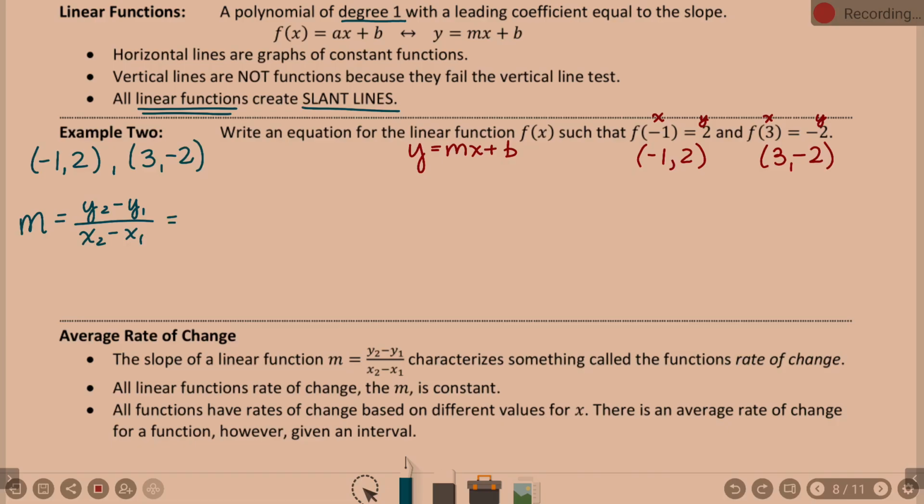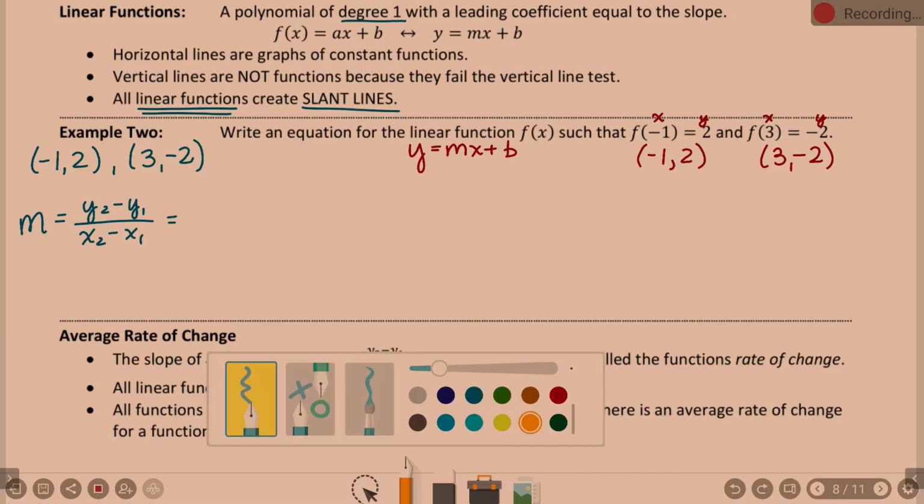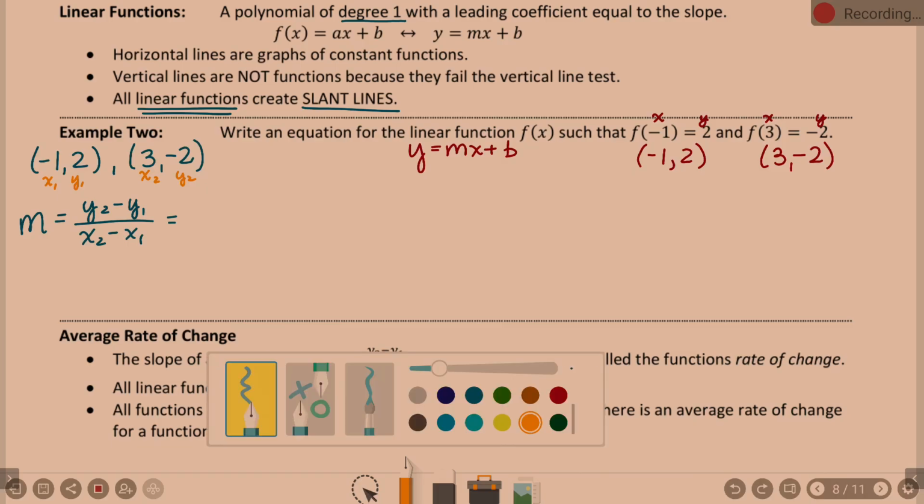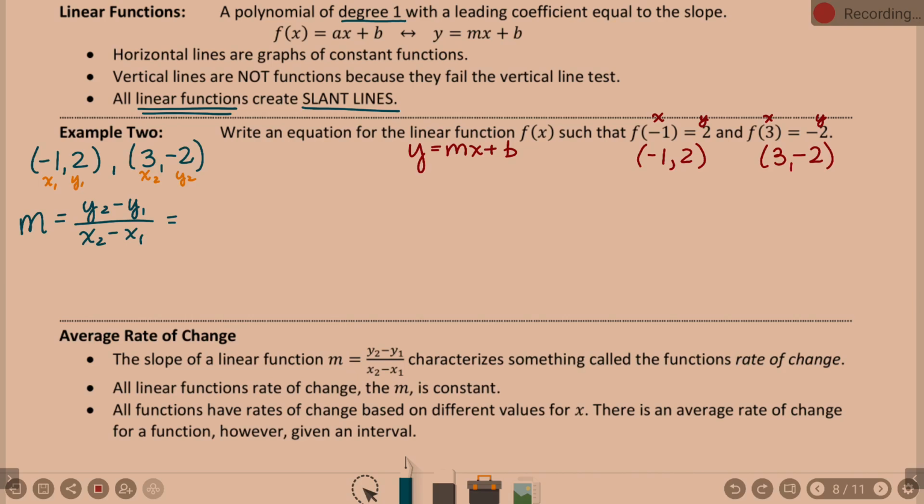Does it matter which one's your 1s and your 2s? No, just be consistent. If I say this is x1, y1, and this is x2, y2, as long as you're consistent, that's what matters. Okay, so do some math.